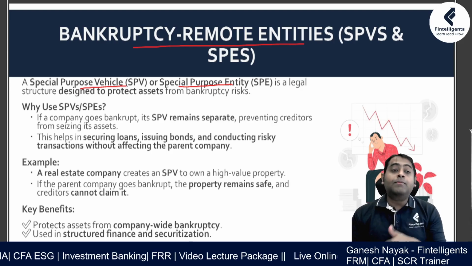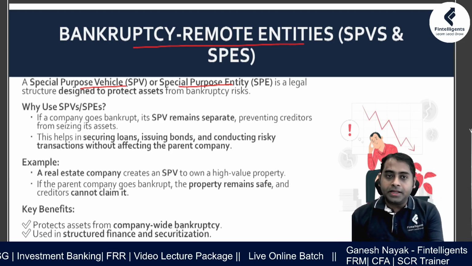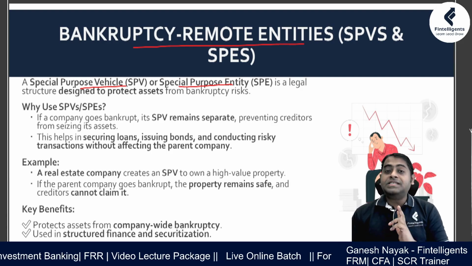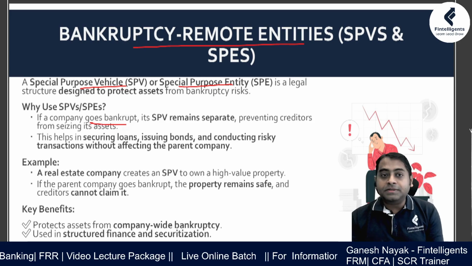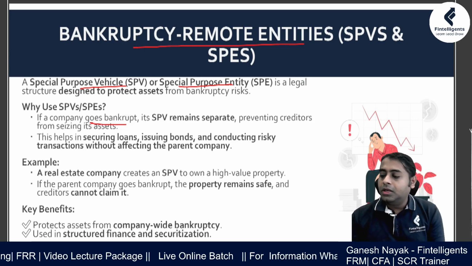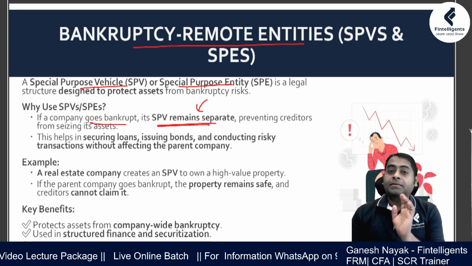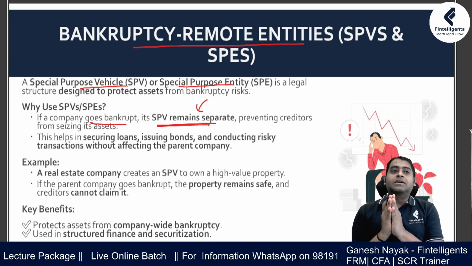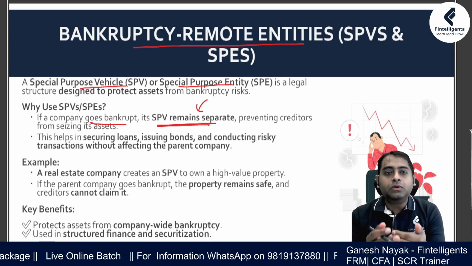Basically, I'm not keeping everything on Citibank's books. I'm creating one more entity, and both of us are legally different. So if Citibank goes bankrupt, the special purpose vehicle remains separate. That means whoever is the creditor will have the special purpose vehicle to take care of.